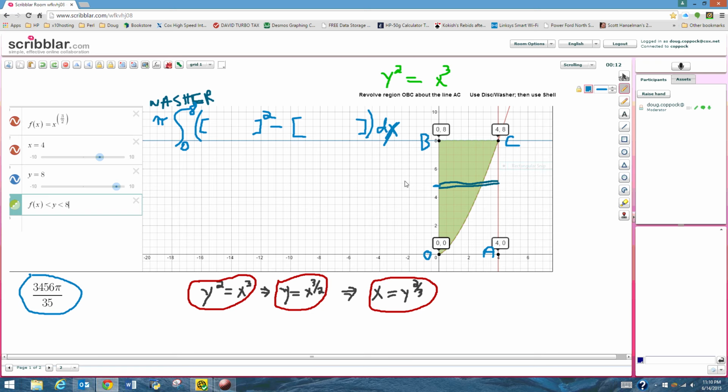So the question now becomes, what is an expression for the outer radius? The outer radius is really the distance from the axis of revolution to the farthest endpoint of the region that's being revolved. So we want an expression for this distance.